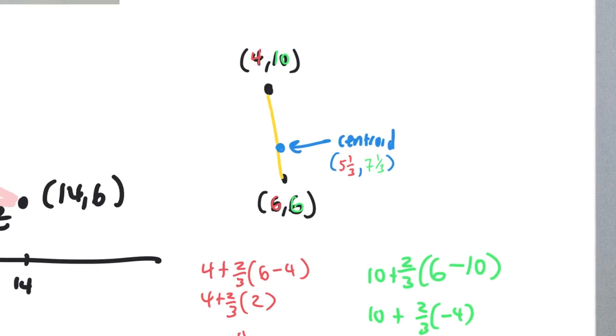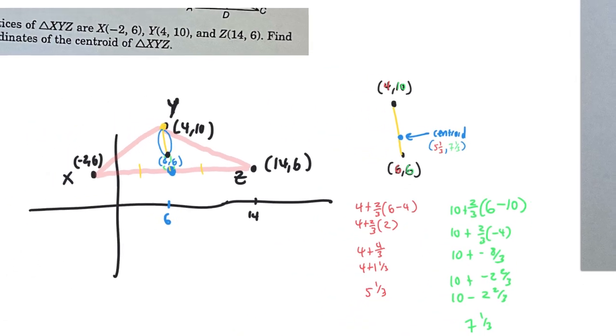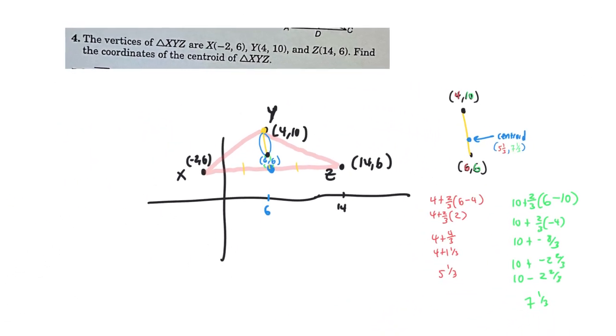Now, let's think about it. Does that feel correct? Well, this y coordinate is somewhere between 6 and 10, and it's only a little bit above 6. And yes, that is correct. It's 7 1/3. I don't know a better way of doing that. I hate to say it.